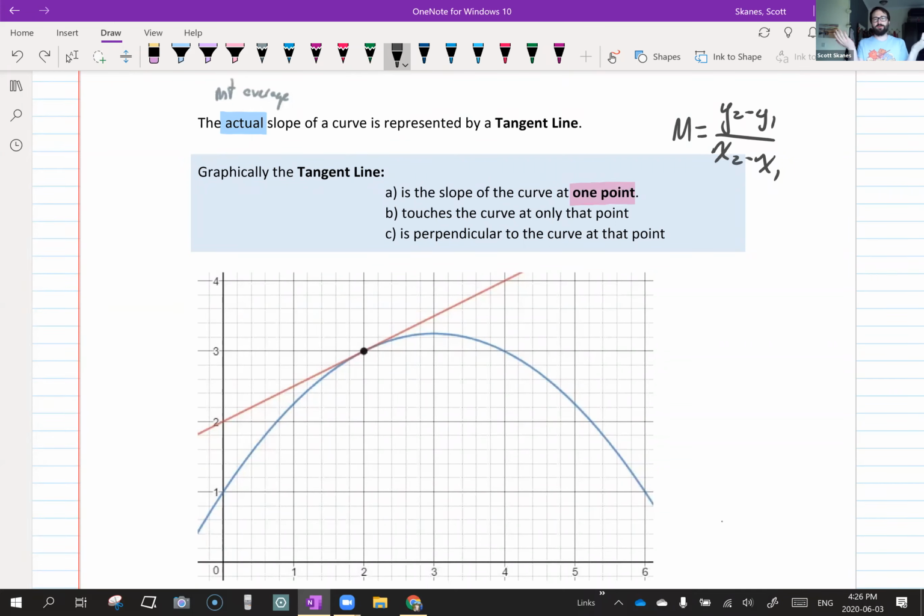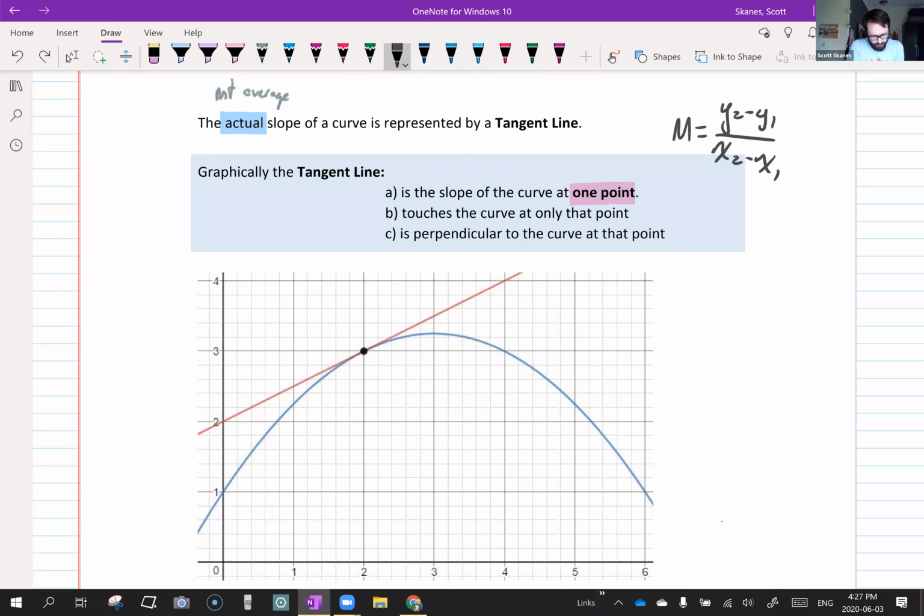How can we get the slope? And the answer is we kind of can't. Not by any methods that we know so far, but if we could take the secant points, take 2 points, and get them so close to each other that they're essentially the same point, then we'll have the tangent line.